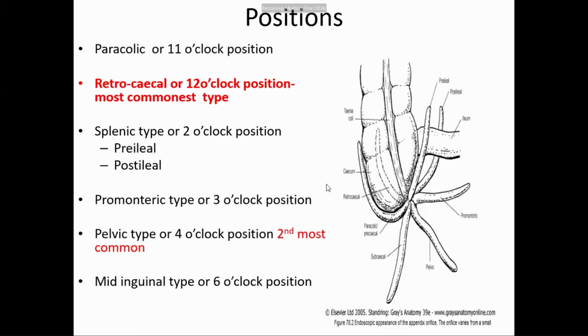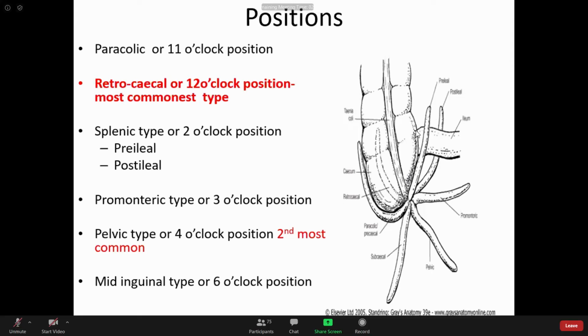So what are the different positions of the vermiform appendix? They are paracolic, which ascends by the side of the colon. Then retrocecal, the commonest type of vermiform appendix, which lies behind the cecum and is present in 60% of cases. Then the splenic type, where the tip is directed towards the spleen.